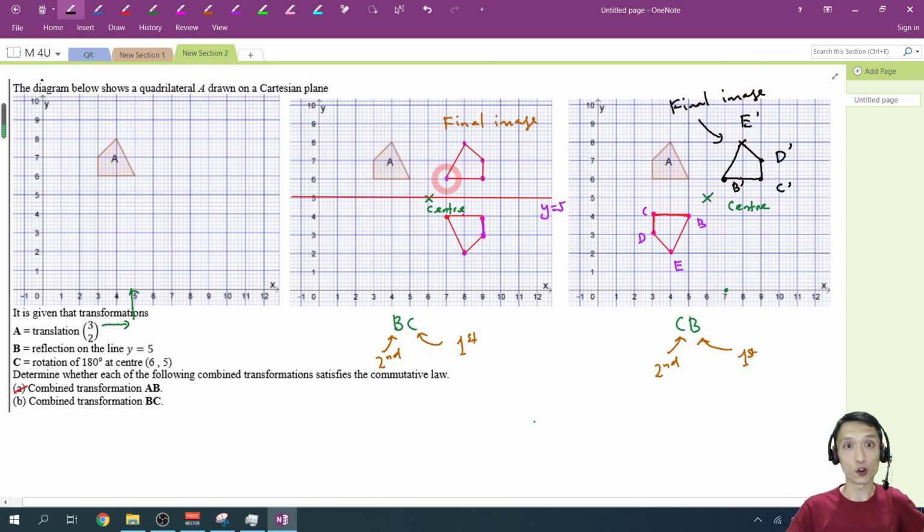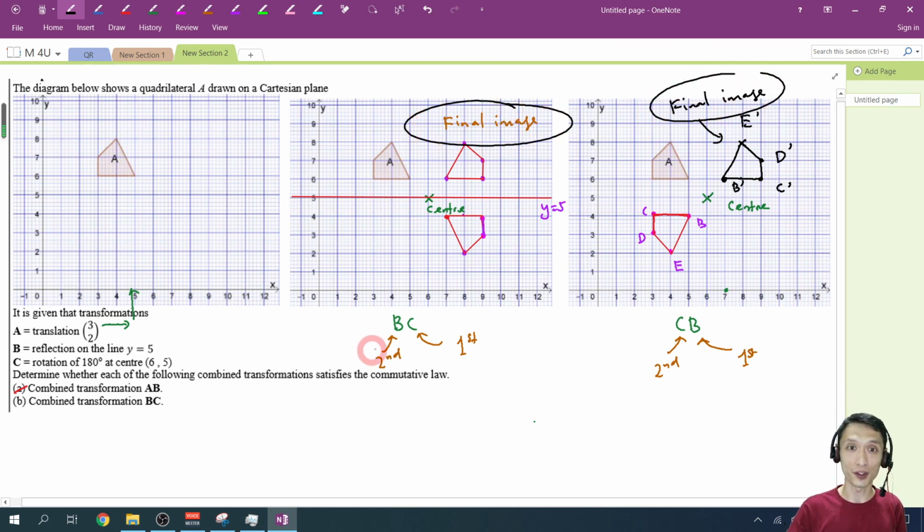Let me compare these two images. This point is the same. All the points are the same. You will notice that these two final images produced from BC and CB are exactly the same.